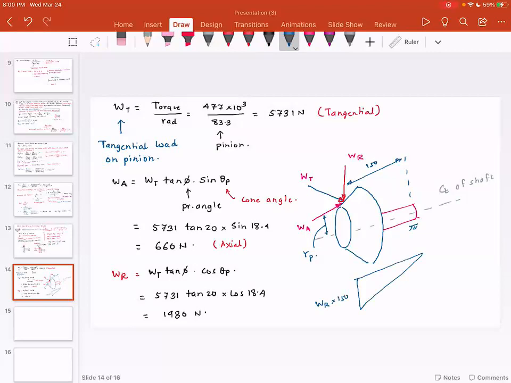Now I want you to observe there is a bending moment given by WA. So there is also a bending moment which is given by WA times RP when you look at it in the vertical direction. So I'm going to draw this.